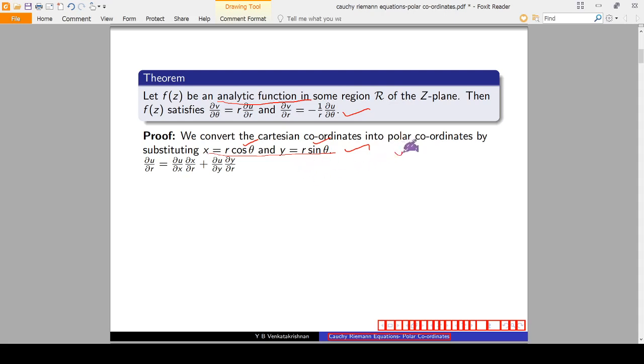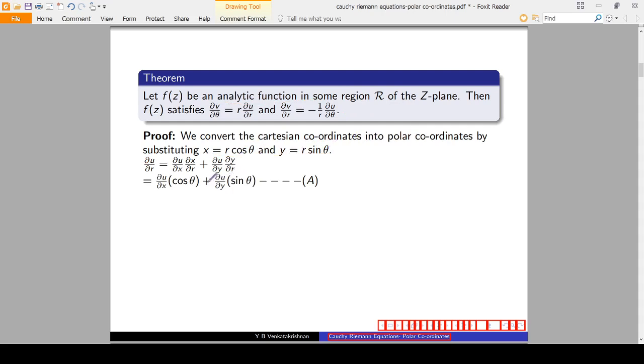So usually what we do is we take u as a function of x and y. This x and y are replaced in terms of r and theta. So when I calculate dou u by dou r, that will be dou u by dou x into dou x by dou r plus dou u by dou y into dou y by dou r, because x and y are functions of r.